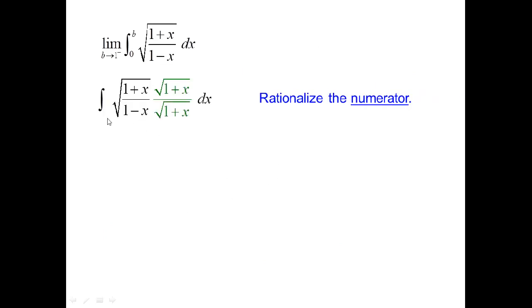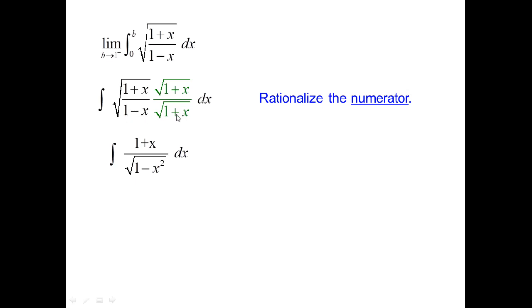All right, so then we can actually rationalize the numerator here. And we get this. Because when we multiply, of course, we're going to have the square root of 1 plus x times the square root of 1 plus x, which gives me just 1 plus x, and the square root of 1 minus x times the square root of 1 plus x.